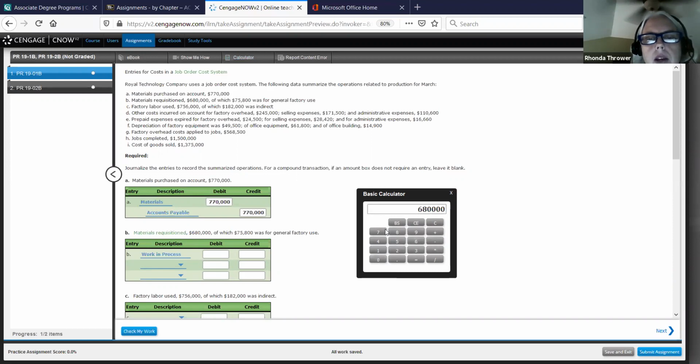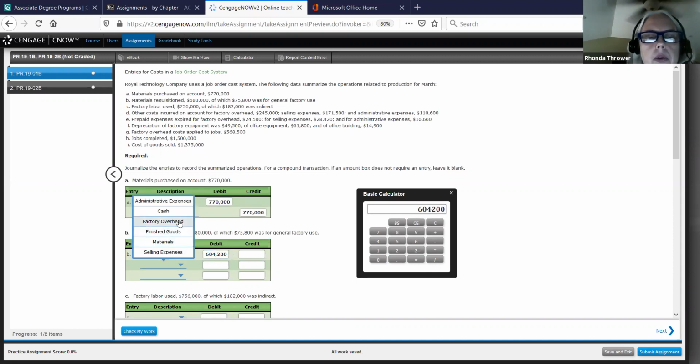I'm going to subtract out 75,800 because they told us that those were for general factory use, and that would be a part of indirect materials, which become factory overhead. The difference between these is the direct materials that we would have used. And so 604,200 is going to be debited to my work in process account.